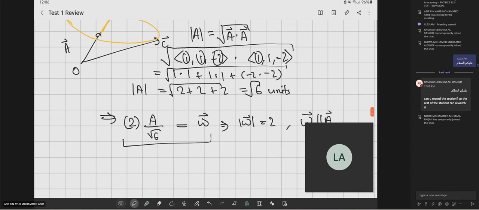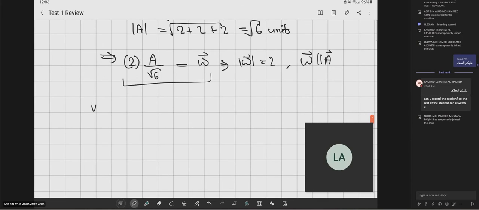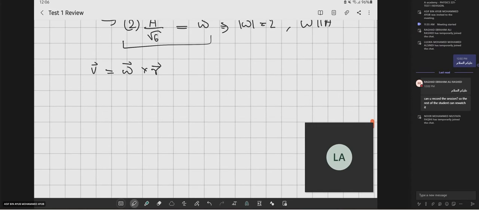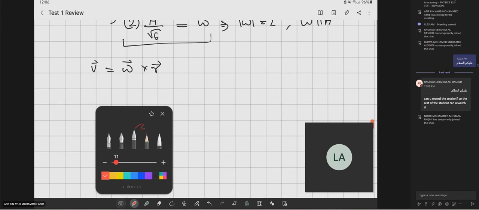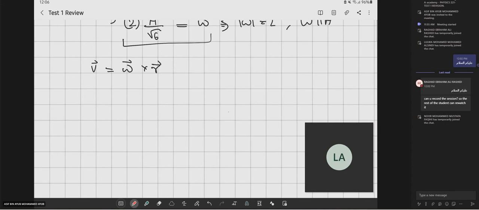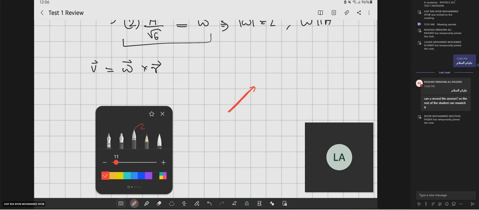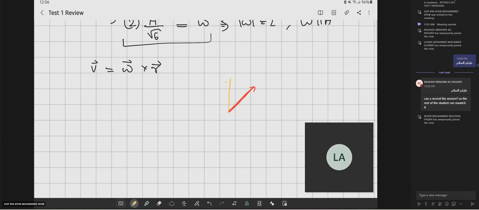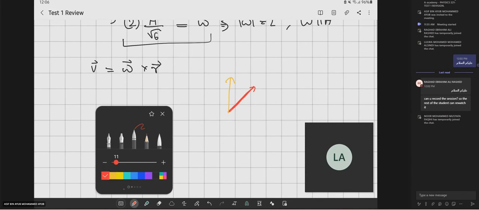Now, to find the velocity, we have this equation, V equals omega cross R. To justify this, you may look at it like this. I have, say, a vector that is rotating with an angular velocity omega. So the picture should be something like this.